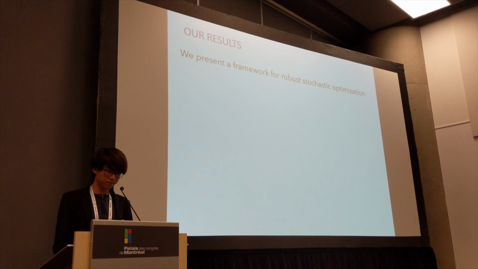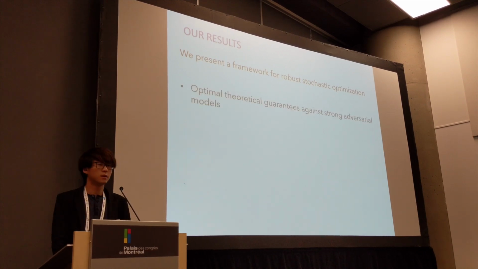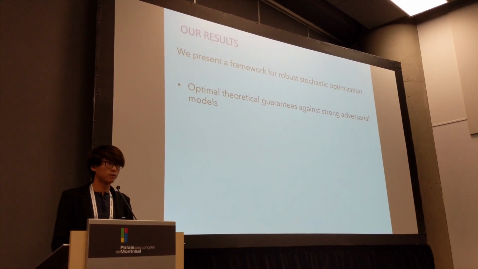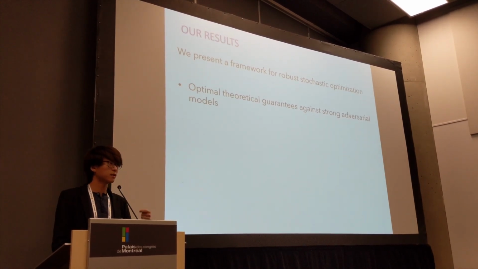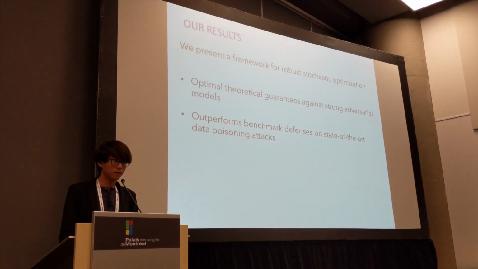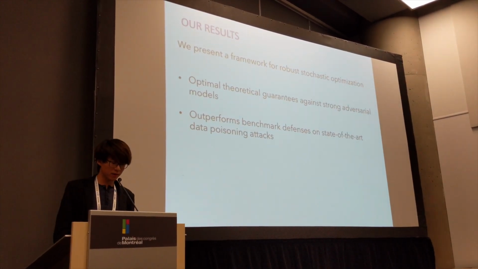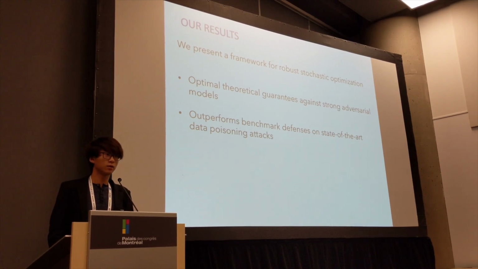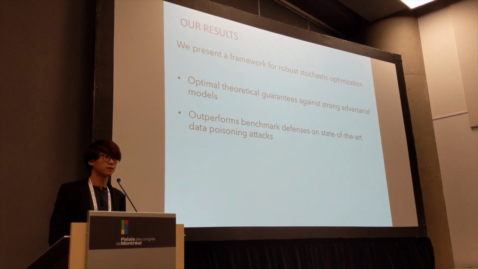which achieves the following guarantees. First, it achieves optimal theoretical guarantees against these strong adversarial models. So no matter what the adversary does, it obtains very strong error guarantees, these strong rates. Secondly, in practice, we demonstrated that it outperforms benchmark defenses on state-of-the-art data poisoning attacks on both synthetic and real data sets.